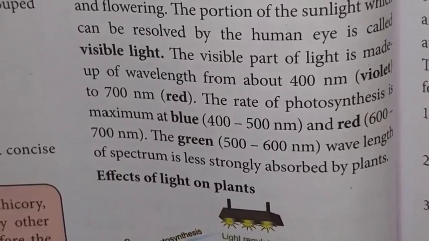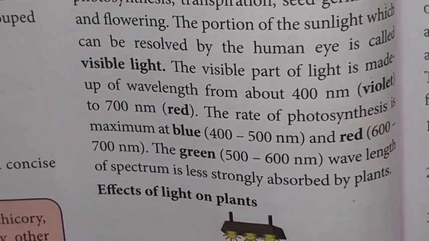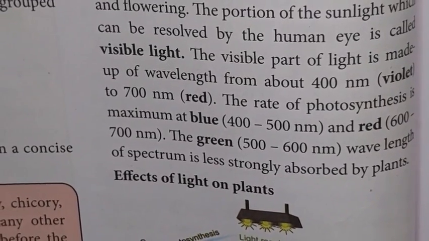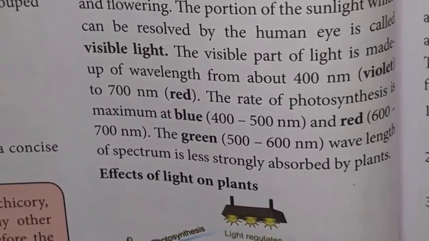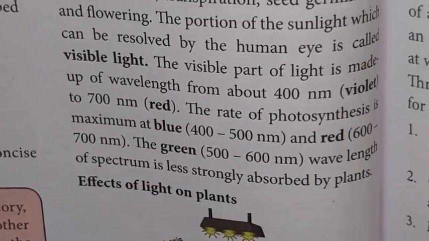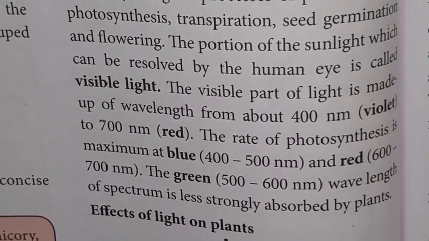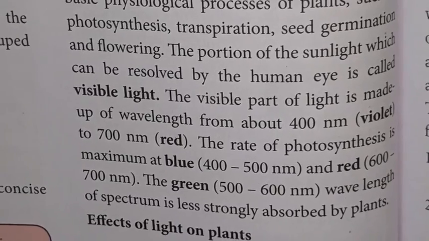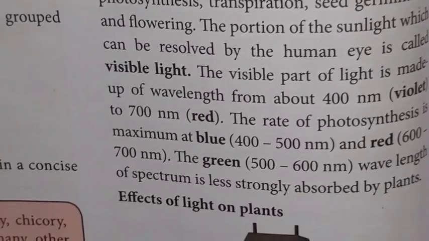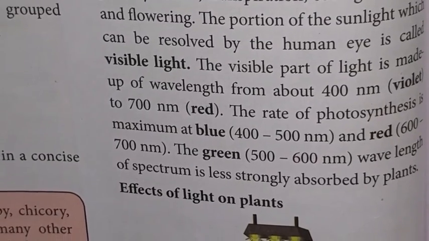The visible part of the light is made up of wavelengths from about 400 nanometer, that is violet color, to 700 nanometer, red color. The rate of photosynthesis is maximum at blue, 400 to 500 nanometer, and red, 600 to 700 nanometer. The green, 500 to 600 nanometer, wavelength of the spectrum is less strongly absorbed by plants.